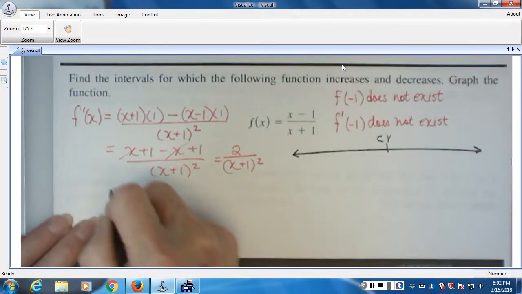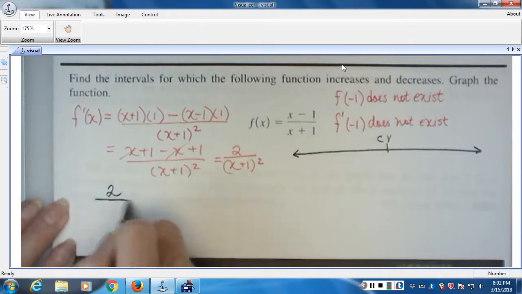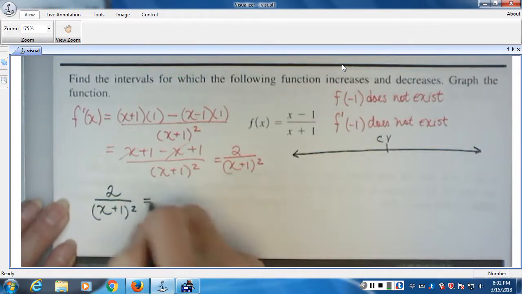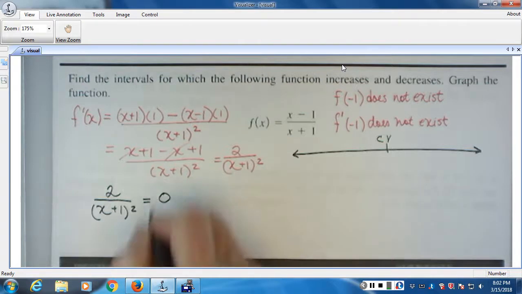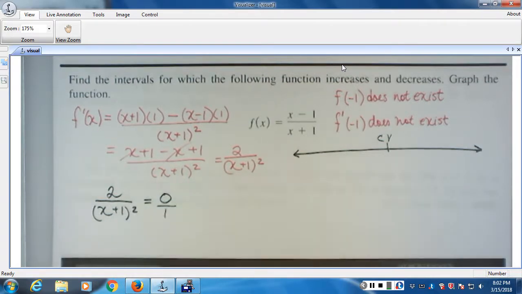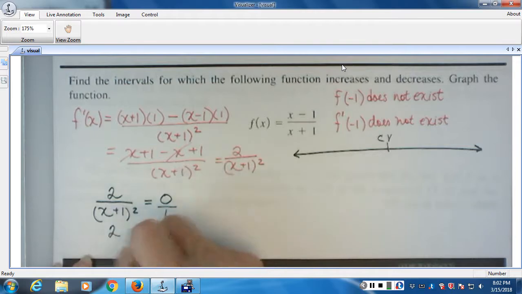So when would 2 over x plus 1 squared ever be equal to 0? Now think carefully. That's a fraction. 0 over 1 is still 0, right? If you cross multiply, 2 times 1 is 2, but 0 times x plus 1 squared is 0.